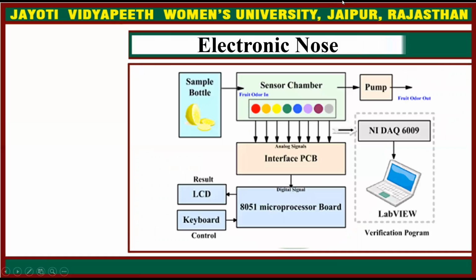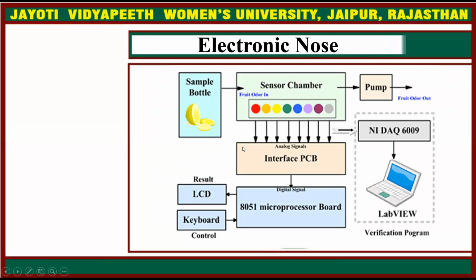First of all, the electronic nose. For that, we have a sample bottle, then there is a sensor chamber through which the aroma passes, and a pump through which the fruit odor goes out.